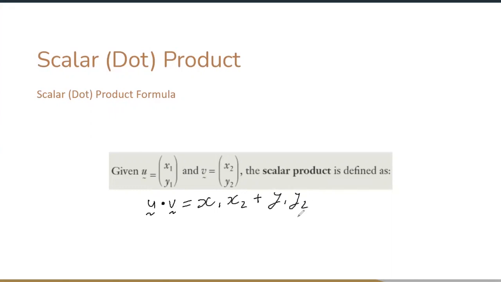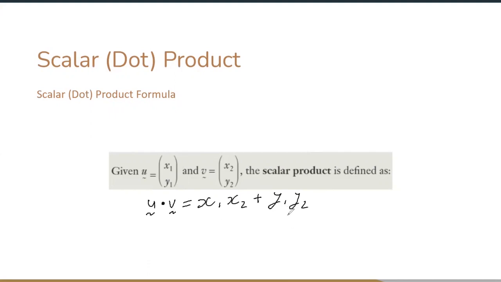So this is actually relatively simple, but it's important to note that because we're multiplying and then adding the components, the result from a scalar dot product is actually going to be a scalar, not a vector, which is where it gets its name from, the scalar product, because it's a way in which we multiply two vectors in order to get a scalar quantity. So this quantity just has a magnitude and it does not have a direction.